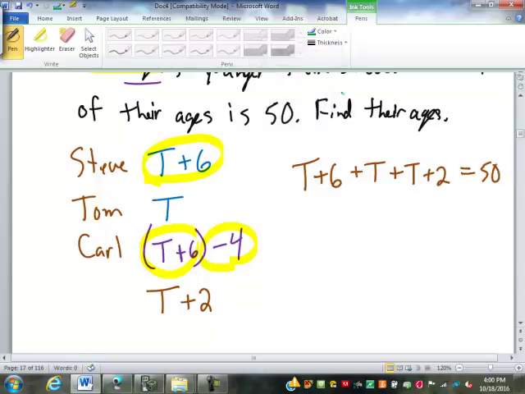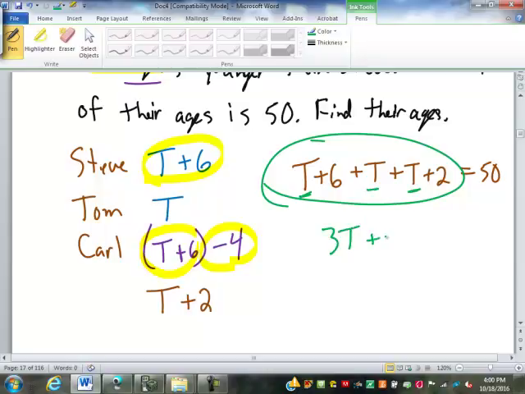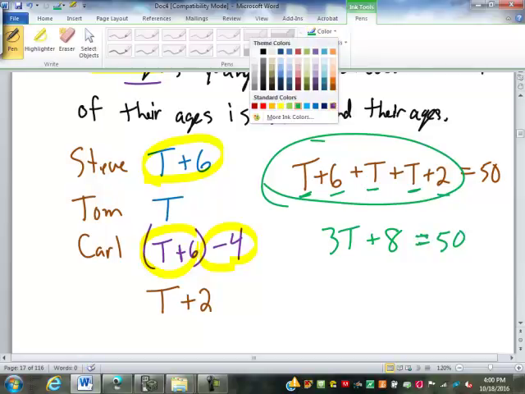And from here we're going to combine. What's this combine to on the left side? Perfect. We've got 1, 2, 3 T's, so 3T plus 6 and 2 make 8 equals 50. What's next?